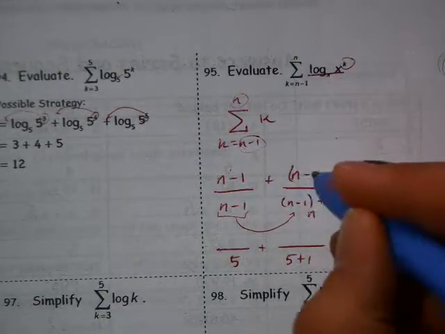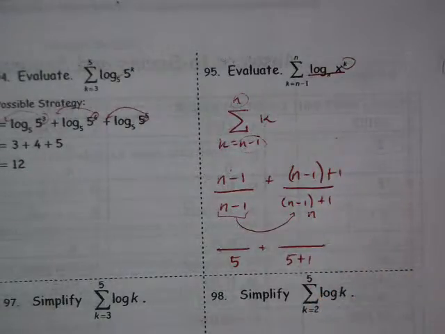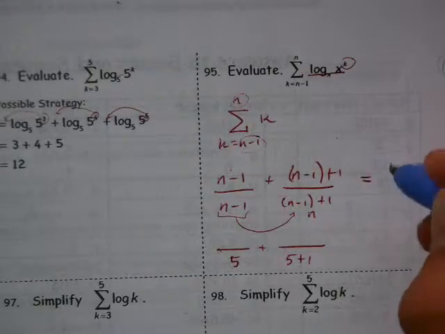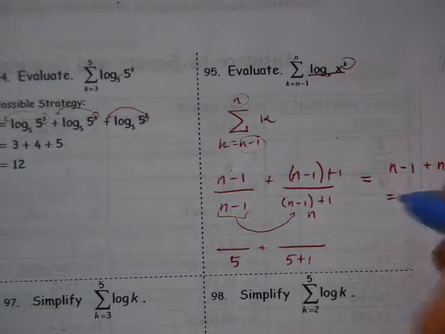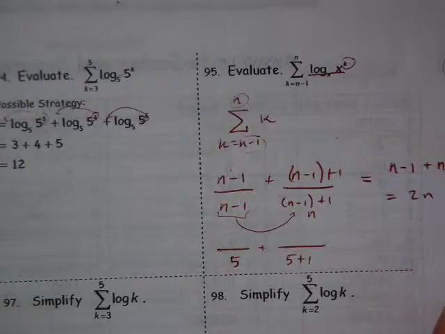It's going to be n minus 1 plus 1. So let's add all those together. n minus 1 plus n minus 1 plus 1. 2 n's. Minus 1 minus 2 plus 1.